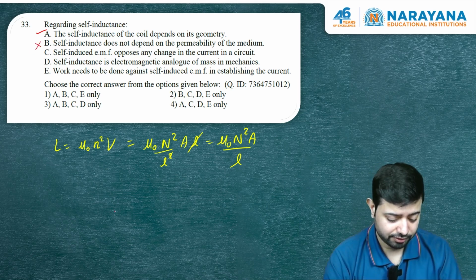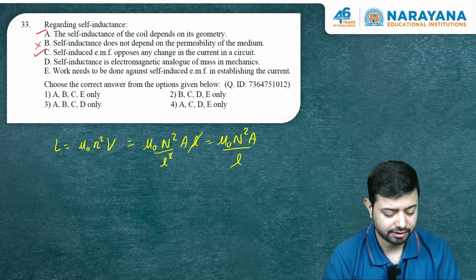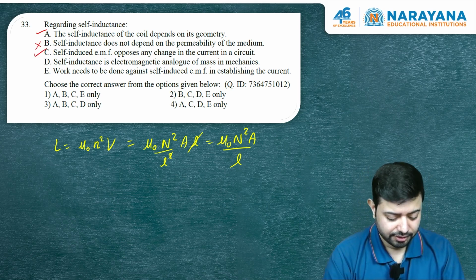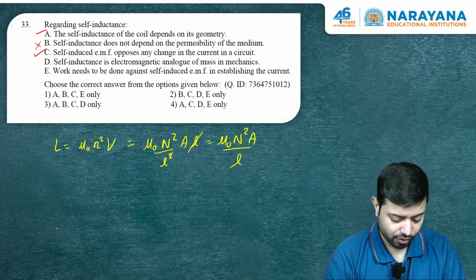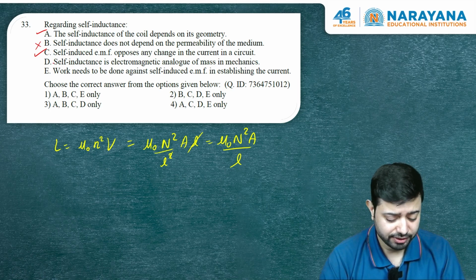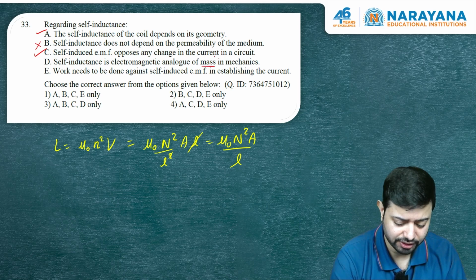Self induced EMF opposes any change in the current in the circuit, that is absolutely correct, that is like a standard definition, right. Lenz's law, remember, right. What is the reason behind it? Lenz's law. Next option, self inductance is electromagnetic analog of mass in mechanics. Why is so? Mass, you know, it is related to inertia.